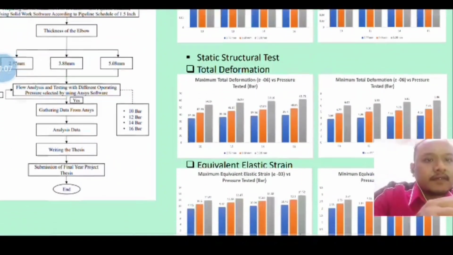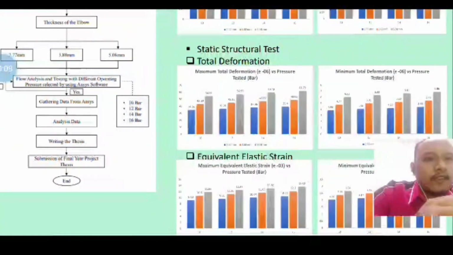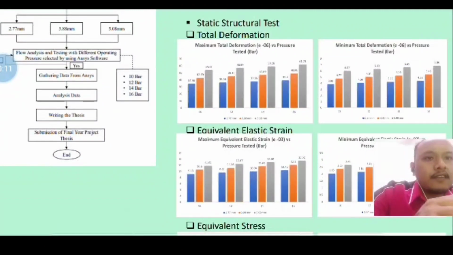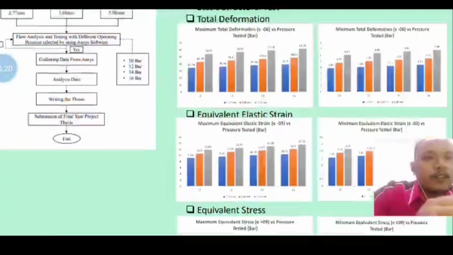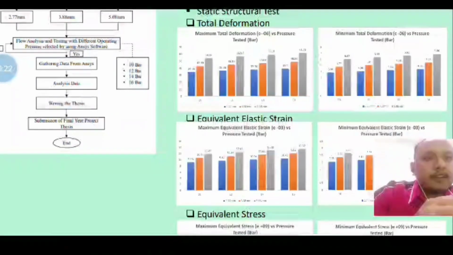Next, the static structural test. In this test, the data that I required was divided into 3, the first one being total deformation.